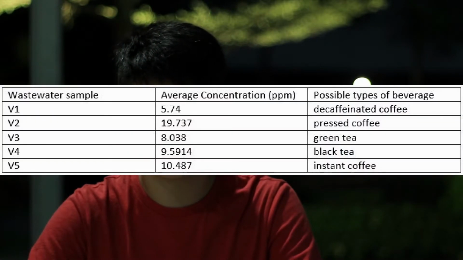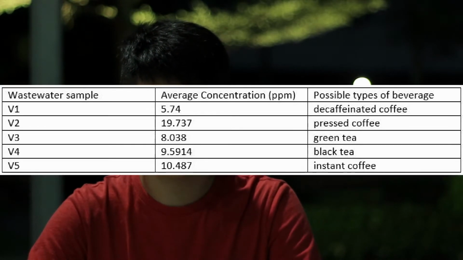Furthermore, the dilution effect variation in the sample source lowers the concentration in order to get more reliable results. Moreover, the concentration of caffeine in beverage samples has also been calculated in order to identify the sample, which is set B with 10 times dilution for decaffeinated coffee, pressed coffee, green tea, black tea, and instant coffee, respectively.